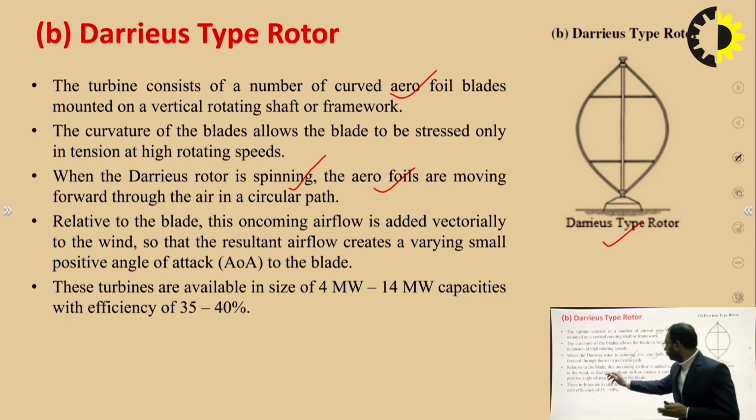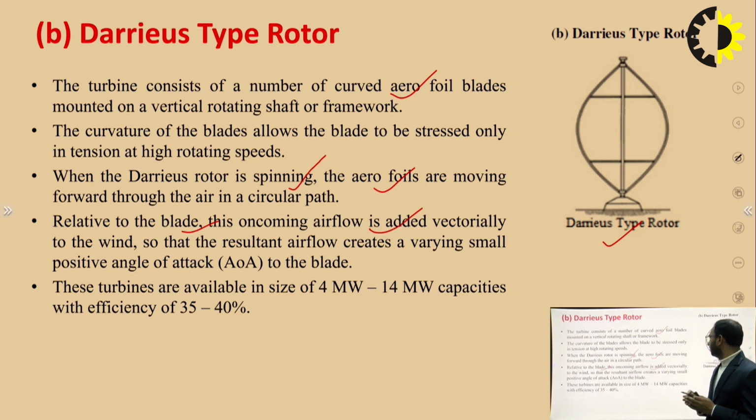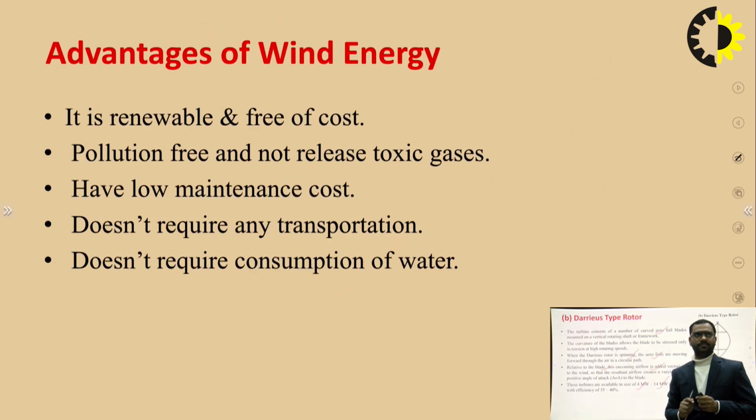Relative to the blade, this oncoming airflow is added vectorially to the wind so that the resultant airflow creates a very small positive angle of attack to the blade. These turbines are available in sizes of 4 megawatt to 50 megawatt capacity with efficiency of 35 to 40%.